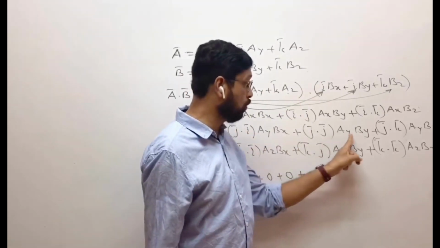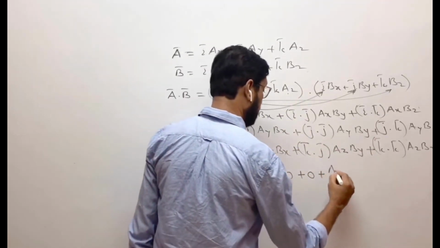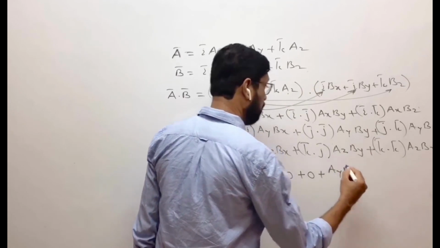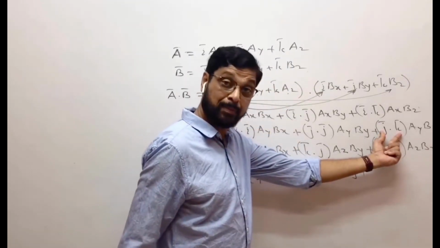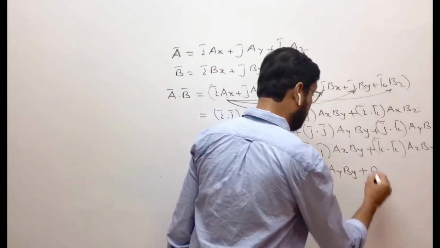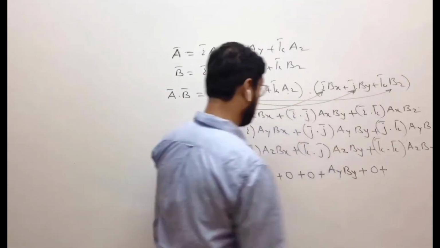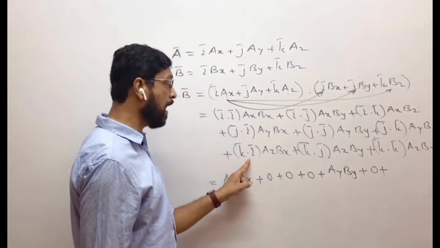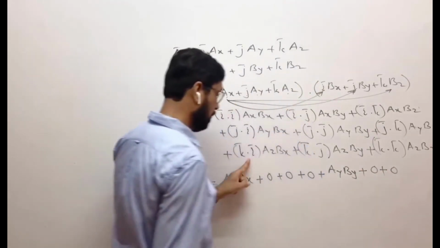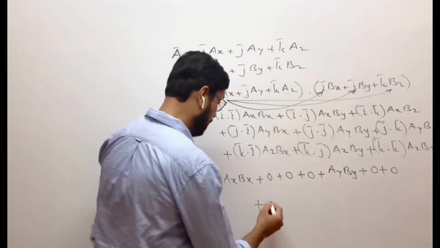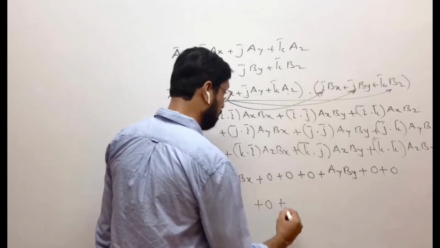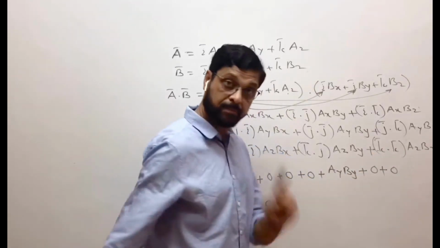So 1 into AyBy, that is AyBy, plus J dot K again is 0, plus K dot I 0, plus K dot J 0, plus K dot K 1.